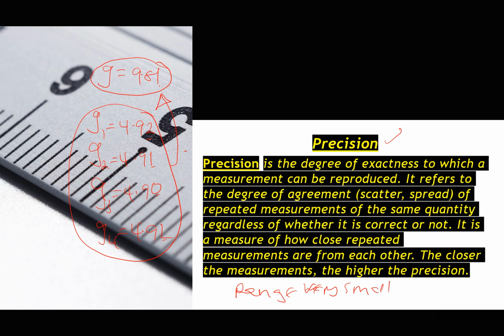That means many times it will not depend on the experimenter. There could be something that cannot be avoided, and that could cause the precision to always be affected. So, as accuracy was determined by the systematic error, precision is going to be determined by another type of error, which we shall later discuss in detail, and this is the random error.